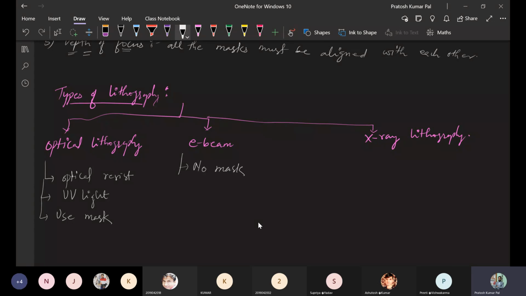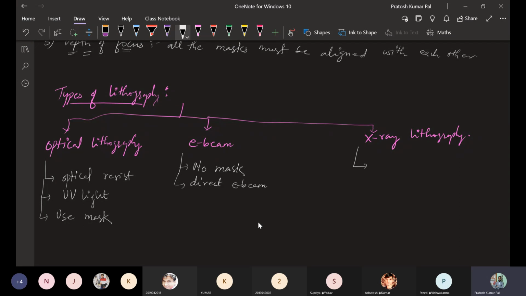There is no need of a mask. It is called direct e-beam lithography. Here, the electron beam will be directly exposed to the selected portion of the semiconductor surface. So the direct e-beam will be exposed at the selected area or location.